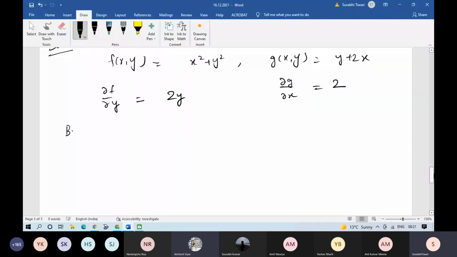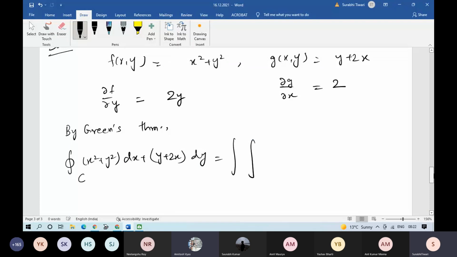So by Green's theorem, the closed integral over the closed curve C of x square plus y square dx plus y plus 2x dy is equal to the double integral of del g by del x minus del f by del y, so 2 minus 2y, dx dy.